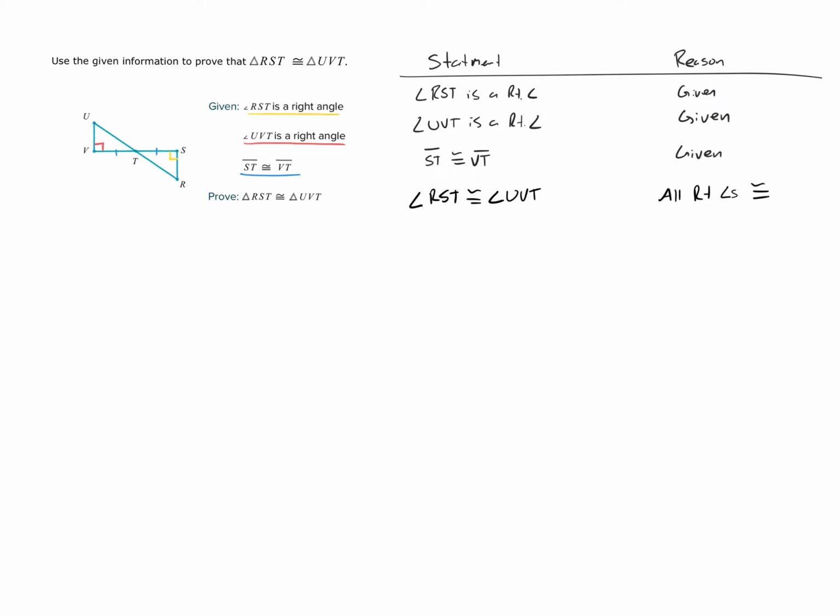So now I've said I have a side is the same as a side and an angle is the same as an angle. So I need one more piece of information, and I know that this angle, UTV, is congruent to this one, RTS, because those are vertical angles.